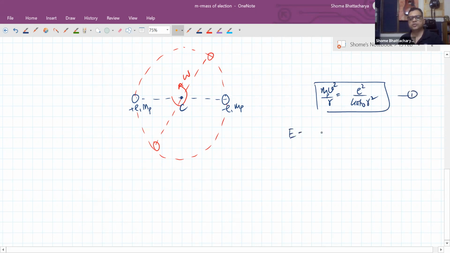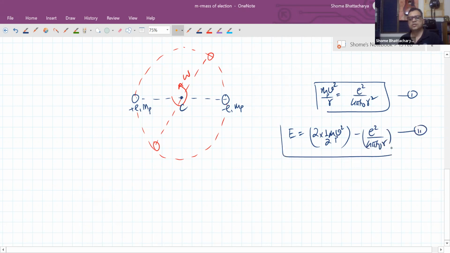And the energy of the system will be this, and the angular momentum of the system will become 2 times.